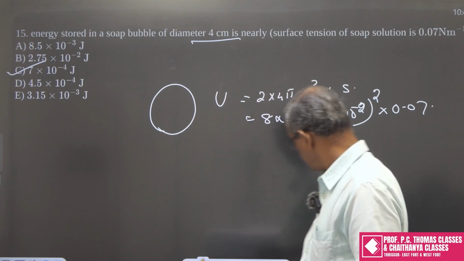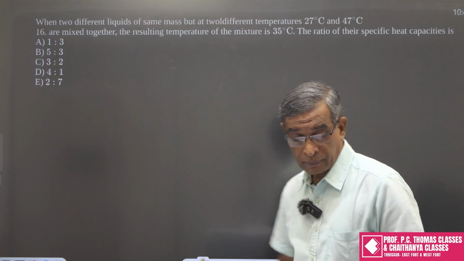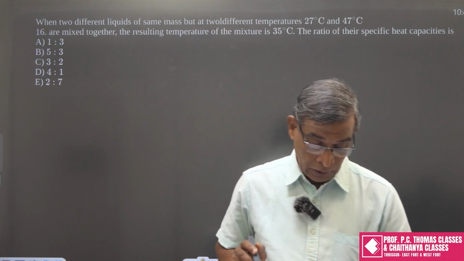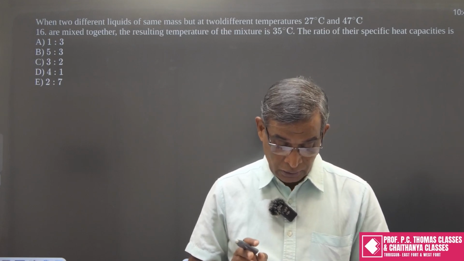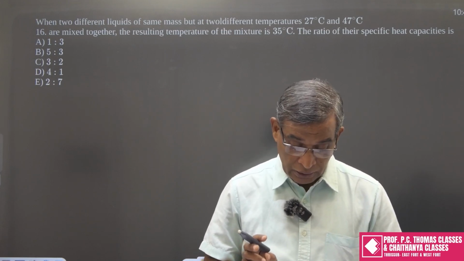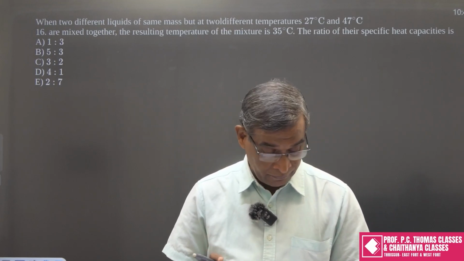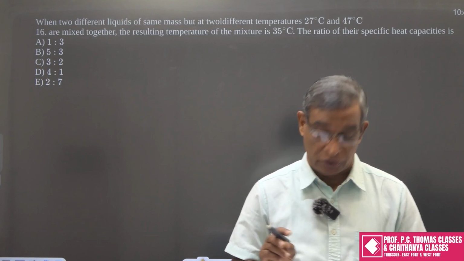Next one. When two different liquids of the same mass, but at two different temperatures, 27 and 47, are mixed together, the resultant temperature of the mixture is 35 degrees centigrade.